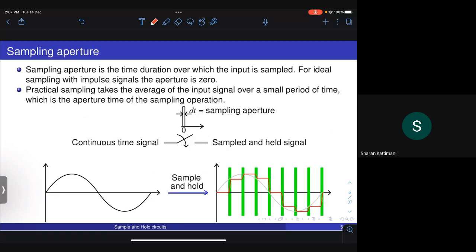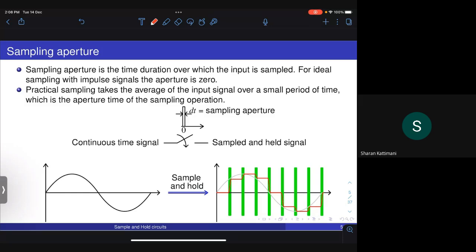The small duration of time for which the input is sampled is known as the sampling aperture. The name aperture generally comes from photography, taking pictures using a camera, wherein aperture is defined as the area of the lens, or in antennas it is defined as the area over which the signal is captured.